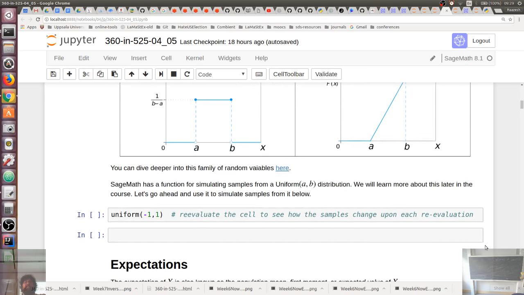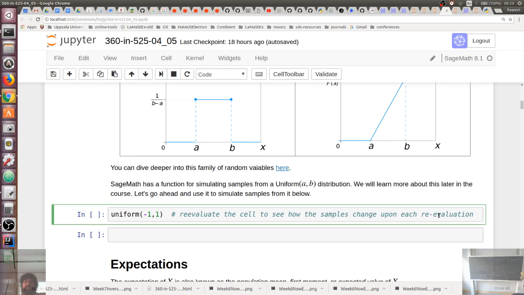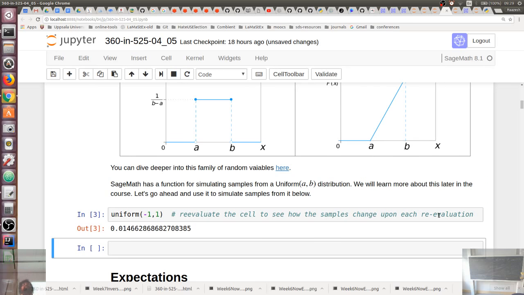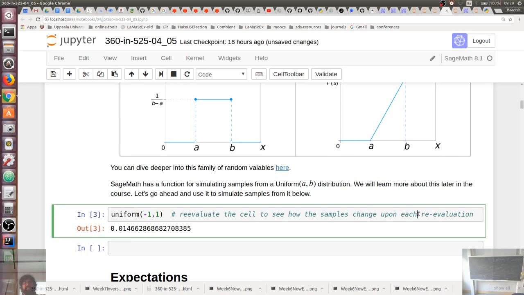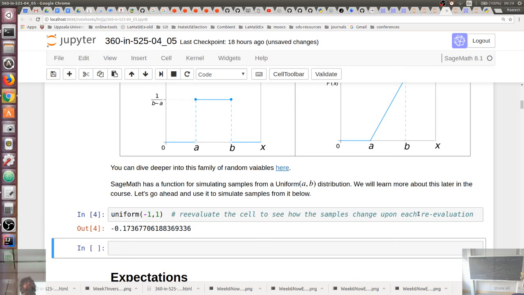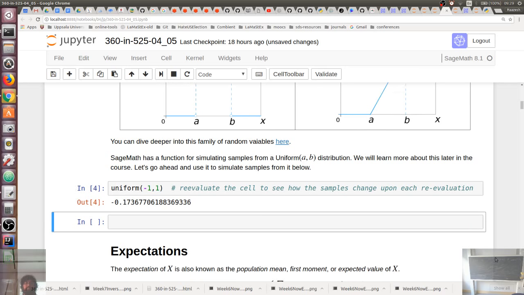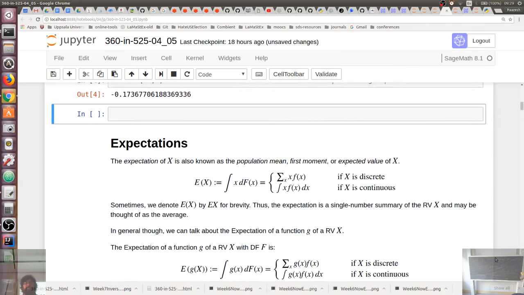So that's already a 2-parameter family of random variables. This is how you black-box simulate it: if you say uniform(-1, 1) in SageMath, it'll give you samples. If we try again, it gives you some other number between minus 1 and 1. We'll get into what's under the hood soon.